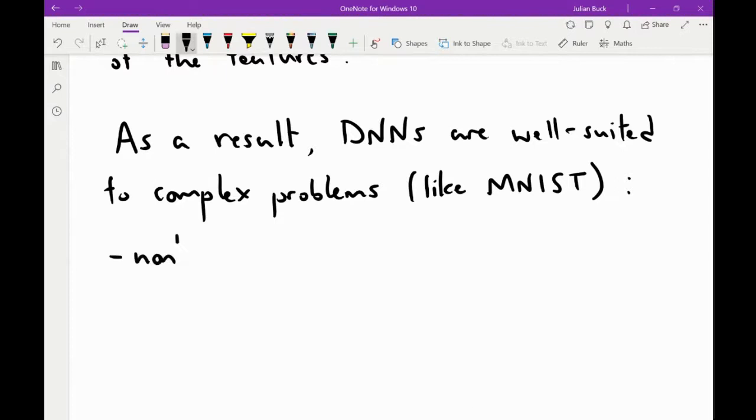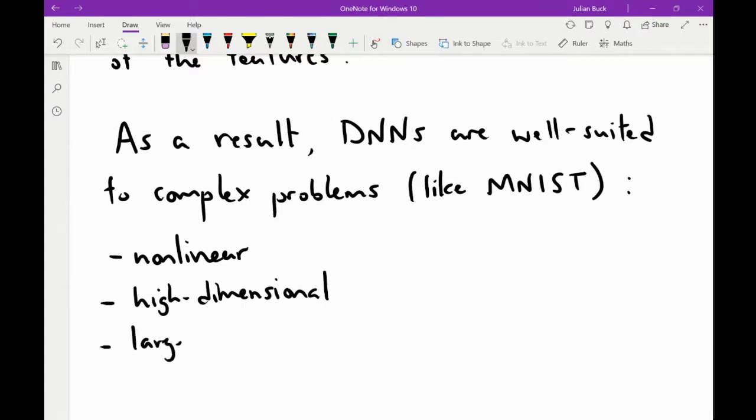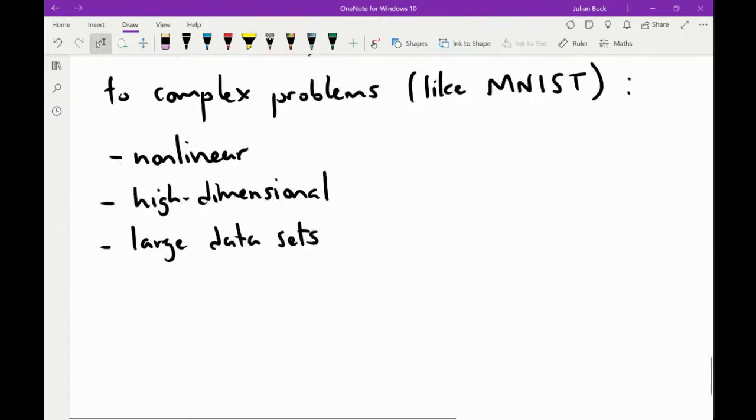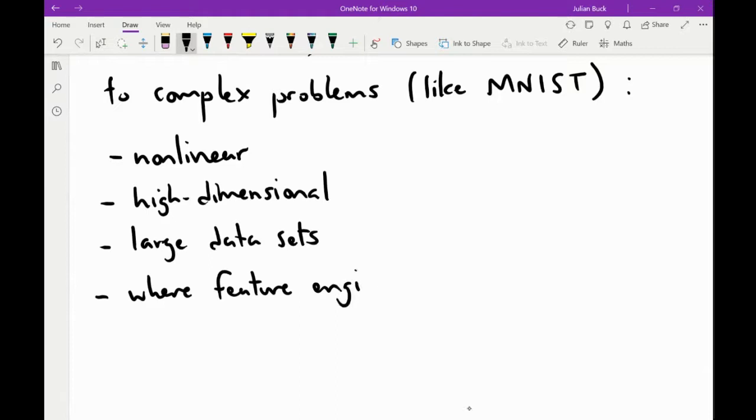Problems which are often nonlinear, high dimensional, involving large data sets, where feature engineering, in other words being able to essentially create features in the data, is important but hard to do manually.